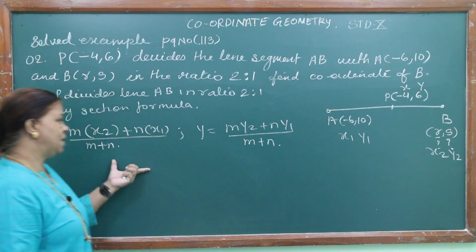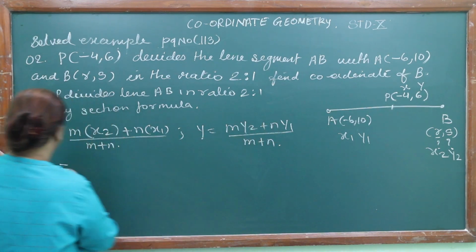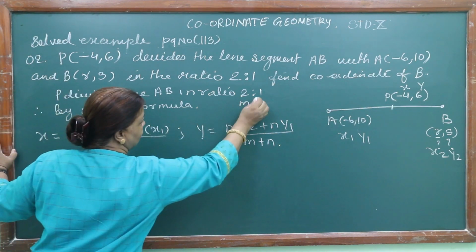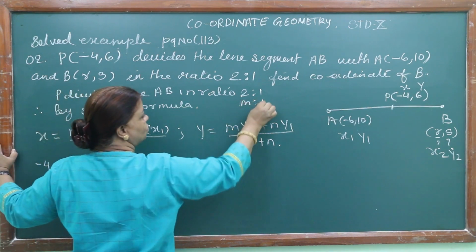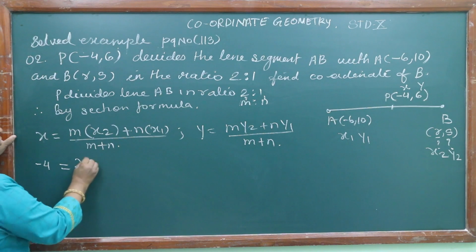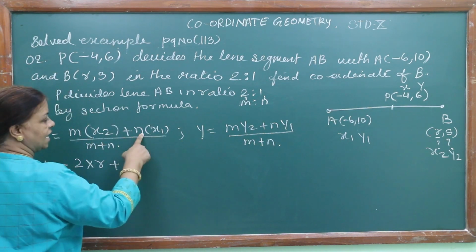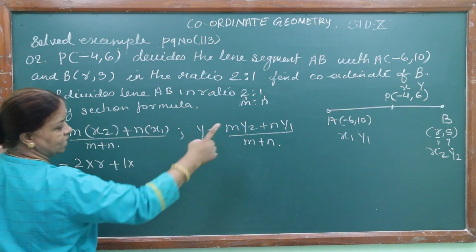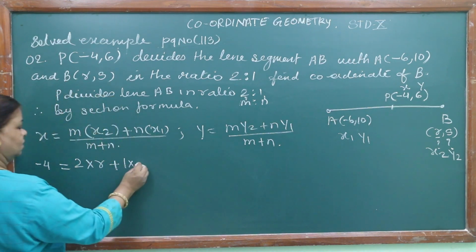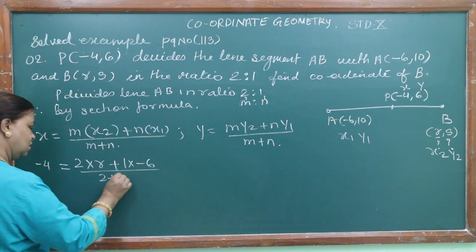Now we need to just place the values, children. What is x? Minus 4. And what is m? Here this is m is to n. m is 2 and n is 1. 2 into x2. x2 is how much? R. Plus n, n is 1, 1 into x1. x1 is minus 6 upon 2 plus 1, that is 3.